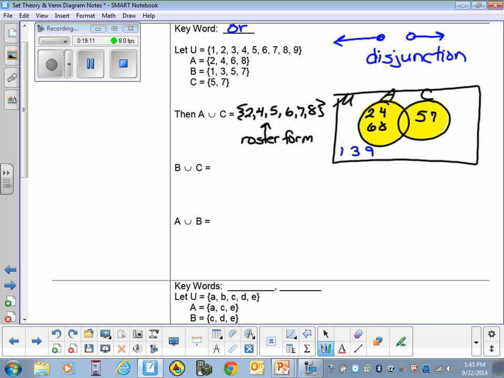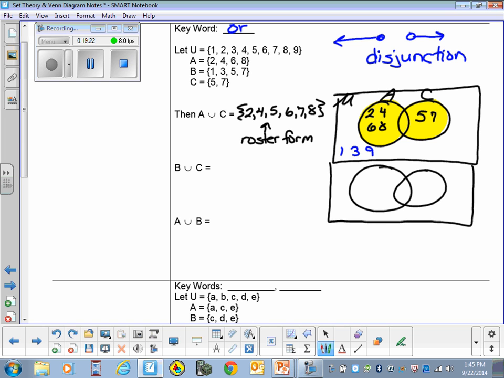B union C. Do I have any elements in common between B and C?